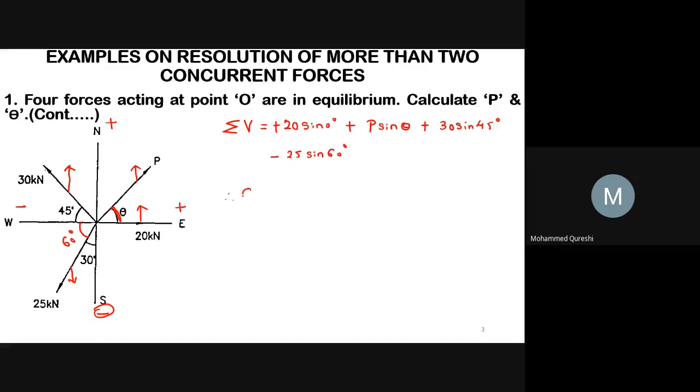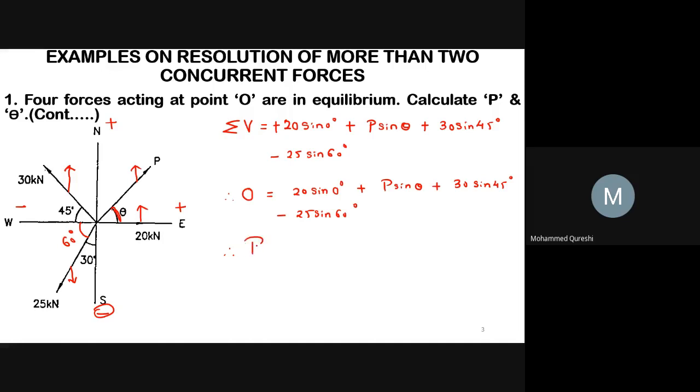And what is the value of sigma v? Sigma v is nothing but 0. So 0 equals 20 sine 0 plus P sine theta plus 30 sine 45 degree minus 25 sine 60.